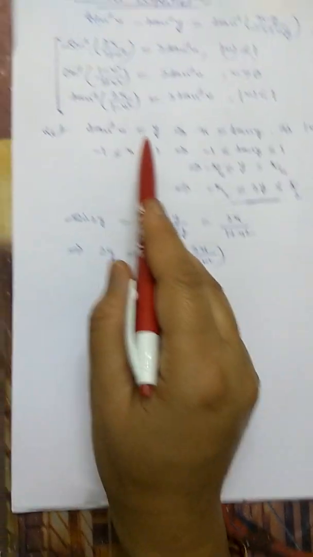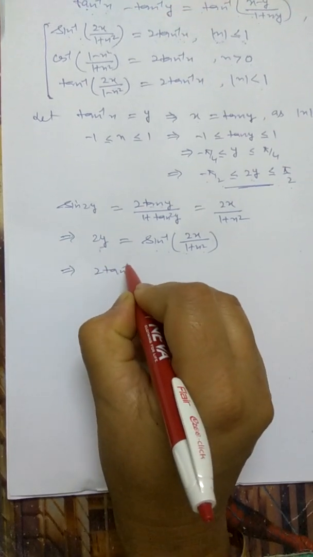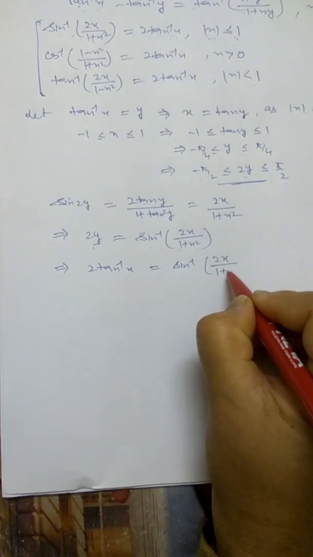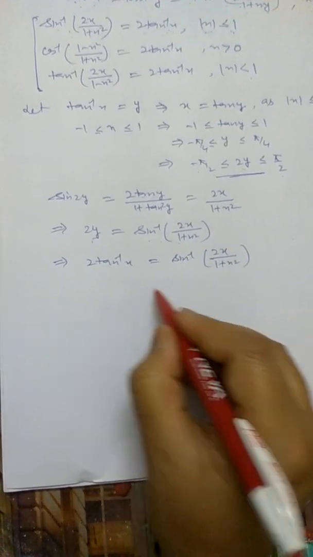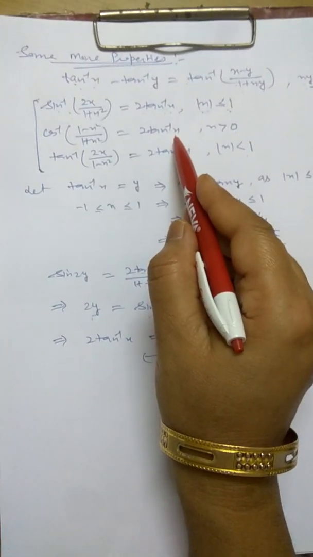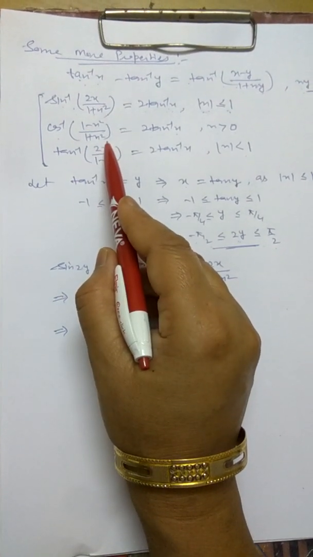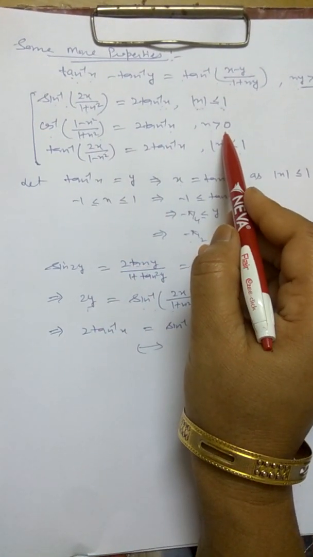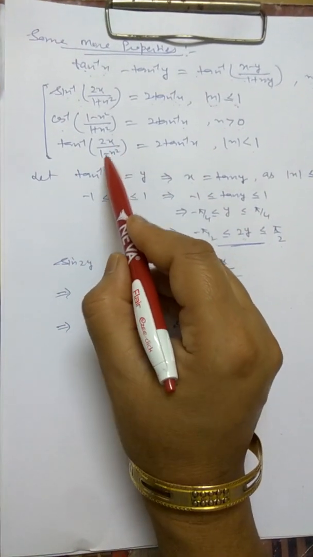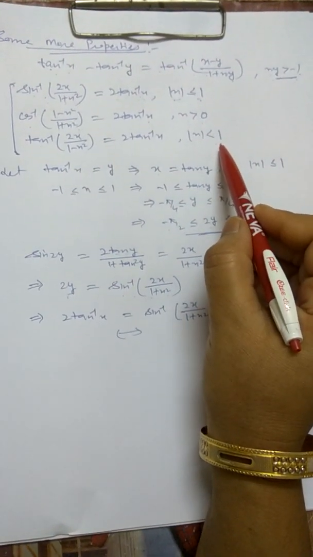Y is tangent inverse x, and this implies 2 tangent inverse x is equal to sine inverse of 2x upon (1 plus x square). Similarly, we can convert: 2 tangent inverse x is equal to cos inverse of (1 minus x square) upon (1 plus x square) when x is greater than 0, and 2 tangent inverse x is equal to tangent inverse of 2x upon (1 minus x square), and here mod of x is less than 1.